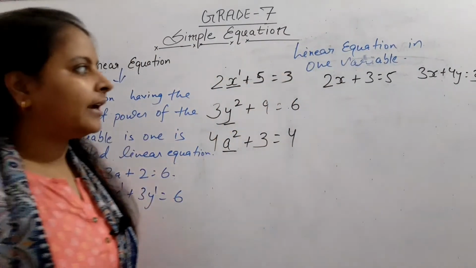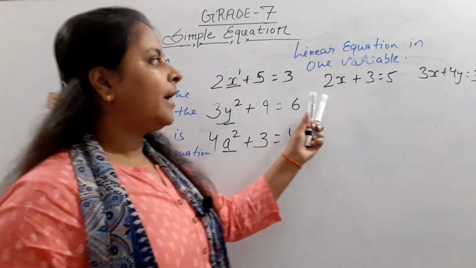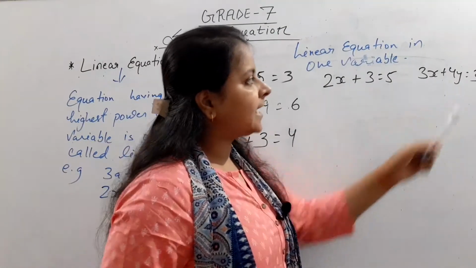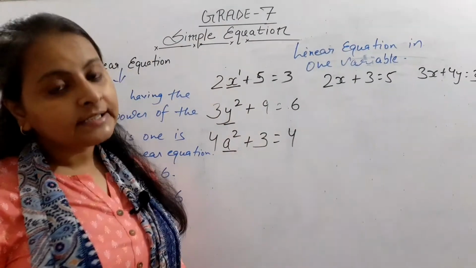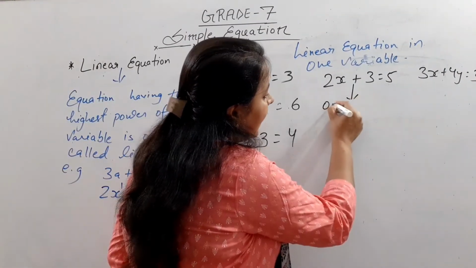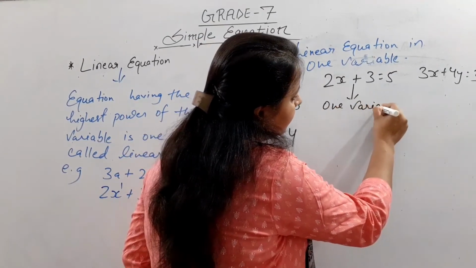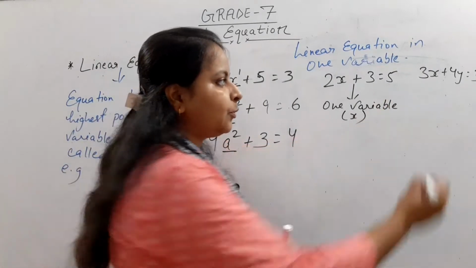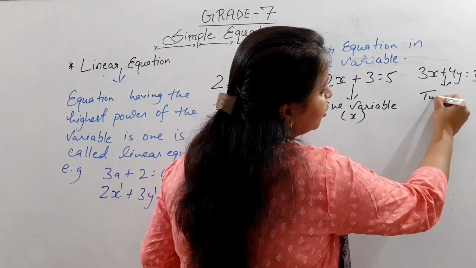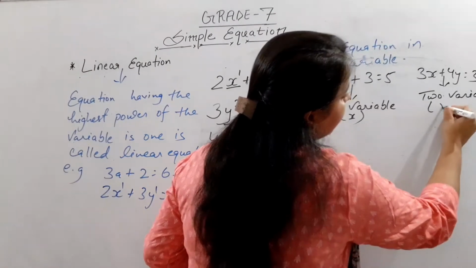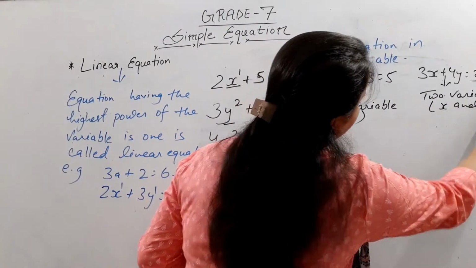Students, here I am writing two equations. Here we see that this equation has one variable, that is x, and this equation has two variables, that is x and y.